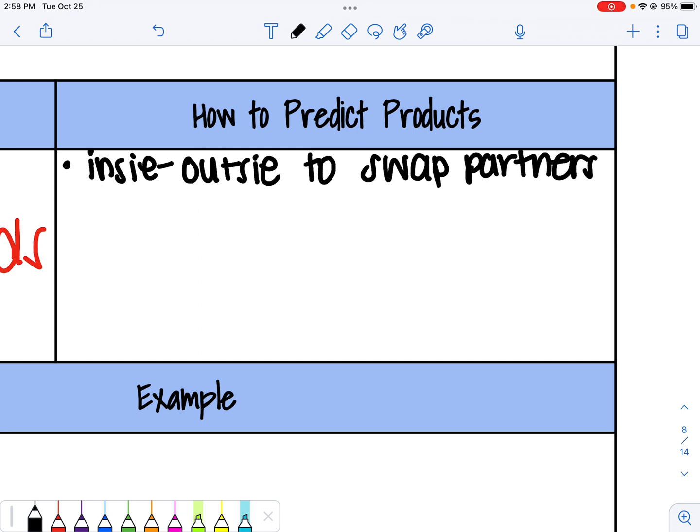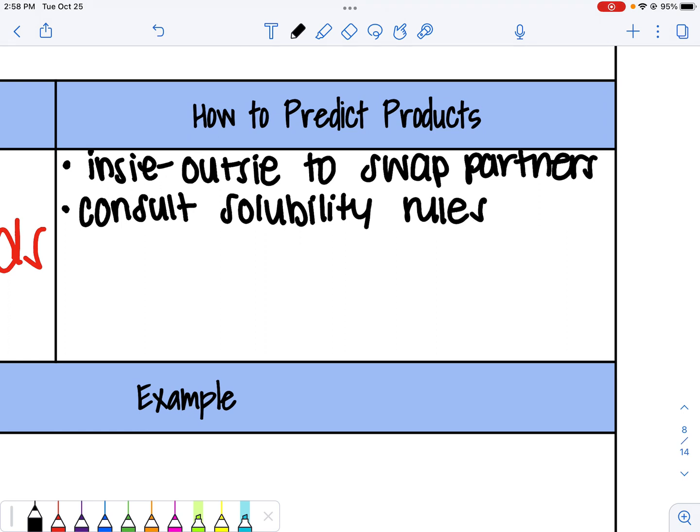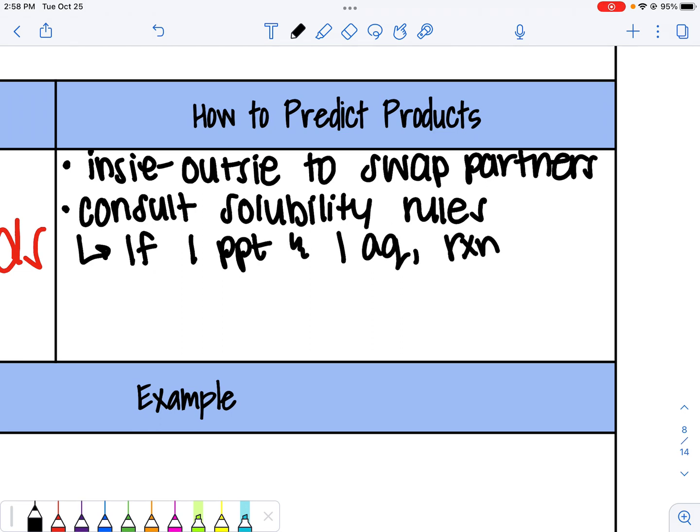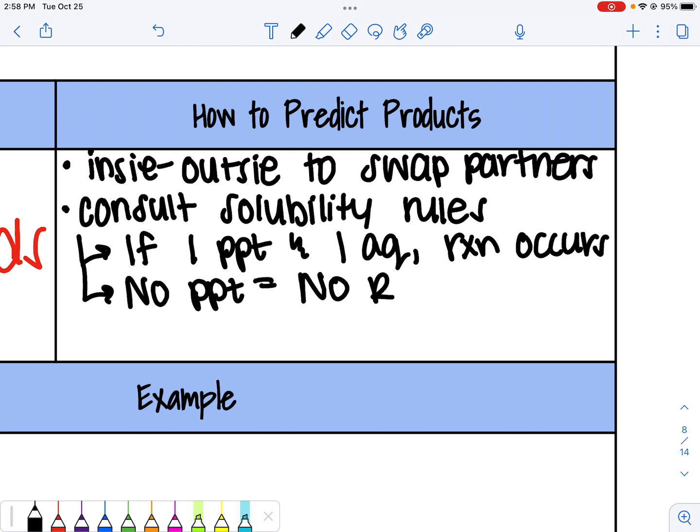But it's not just as easy as swapping the partners and calling it good. You have to first consult the solubility rules. If one precipitate and one aqueous, reaction occurs. We'll figure out more about what this means tomorrow. For right now, just trust me that this is true. So that means no precipitate equals no reaction.